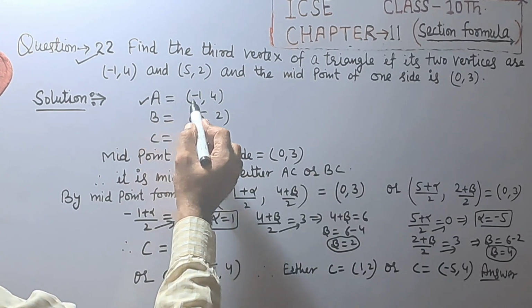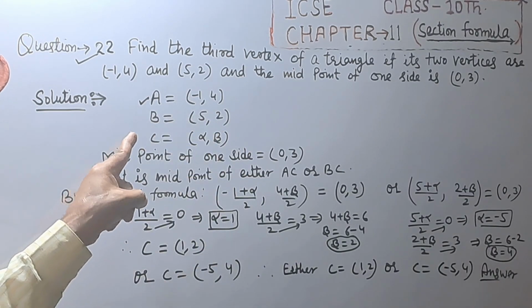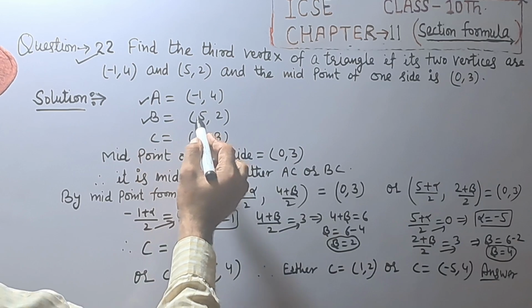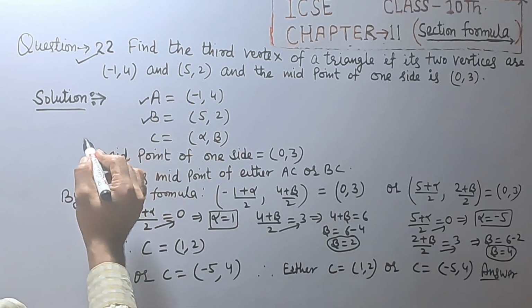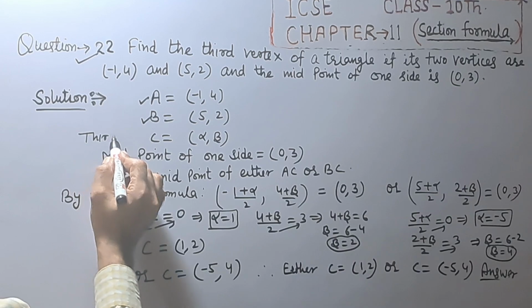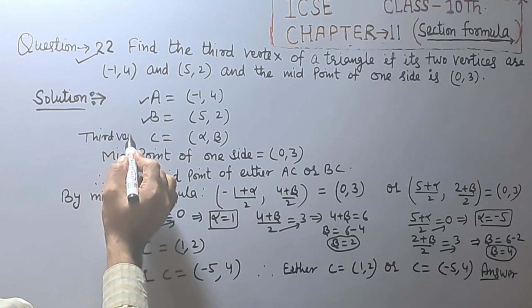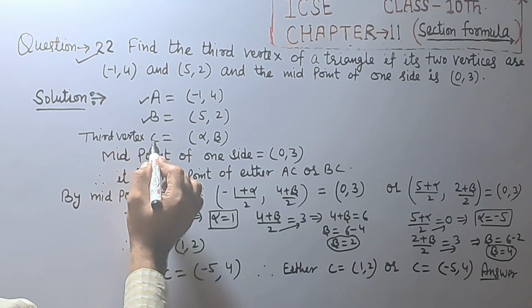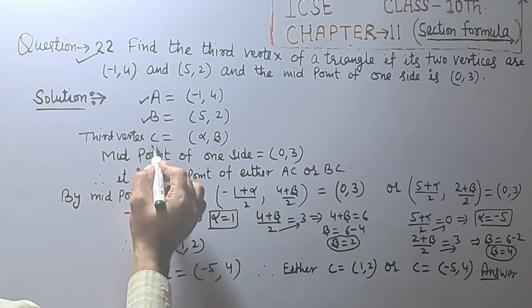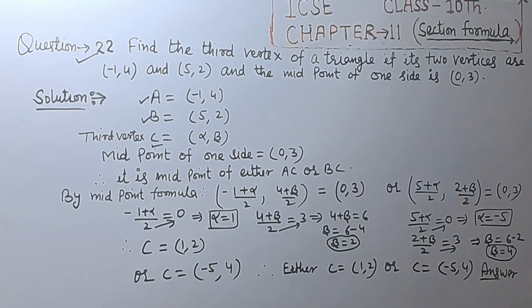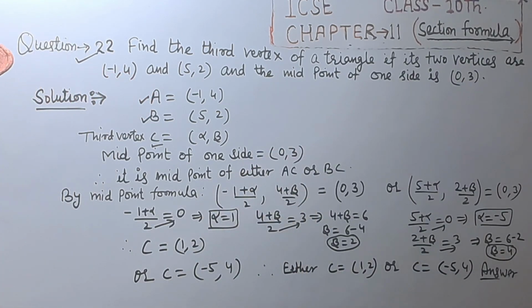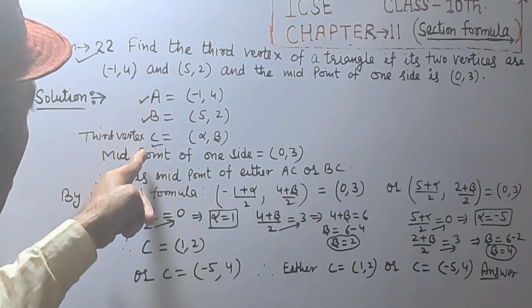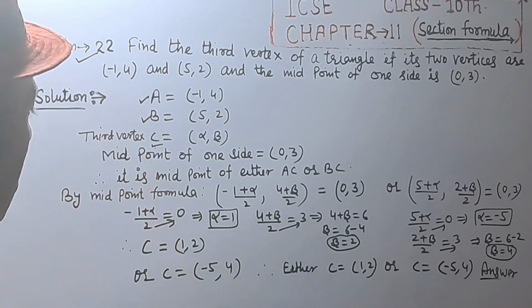We are given A = (-1, 4), B = (5, 2) and the third vertex C = (alpha, beta). The midpoint of one side is (0, 3). It is the midpoint of either AC or BC.